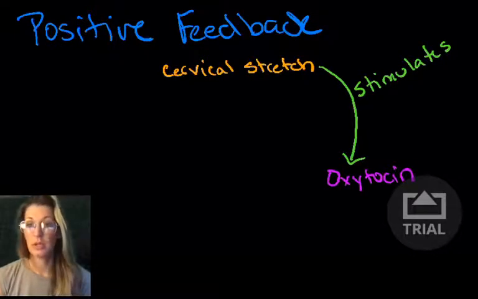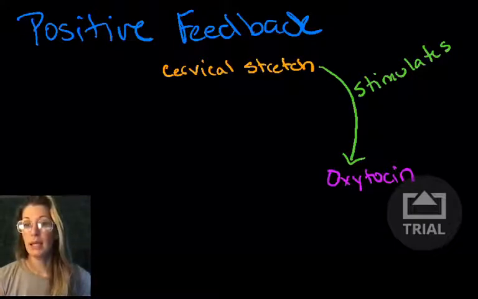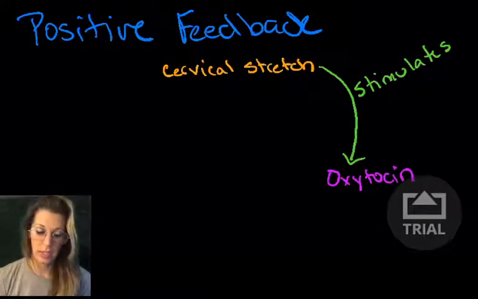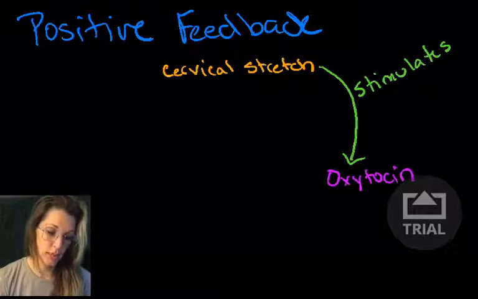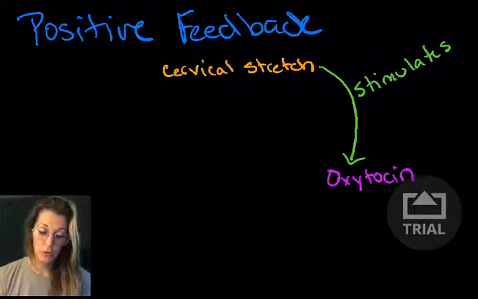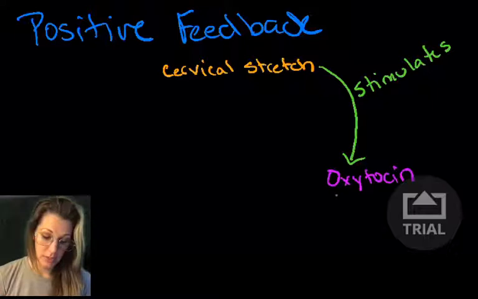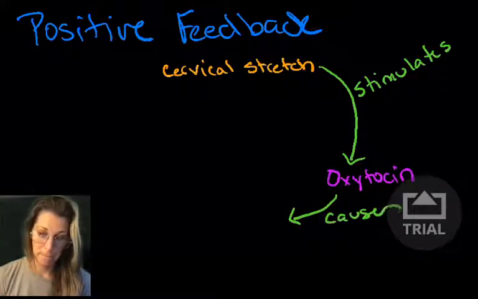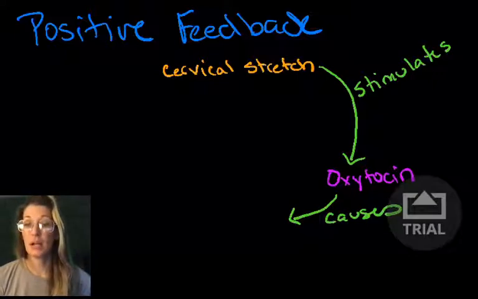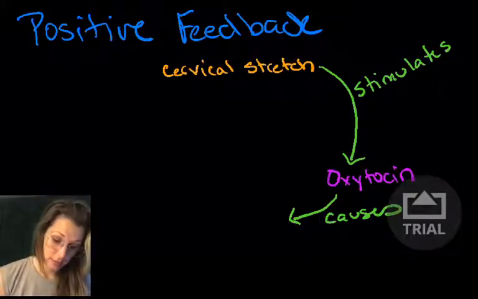Oxytocin is really important in childbirth. It's also important in bonding and in lactation. So cervical stretch sends signals, which we'll talk about in more detail later, to release oxytocin. The release of oxytocin causes the uterus to contract.